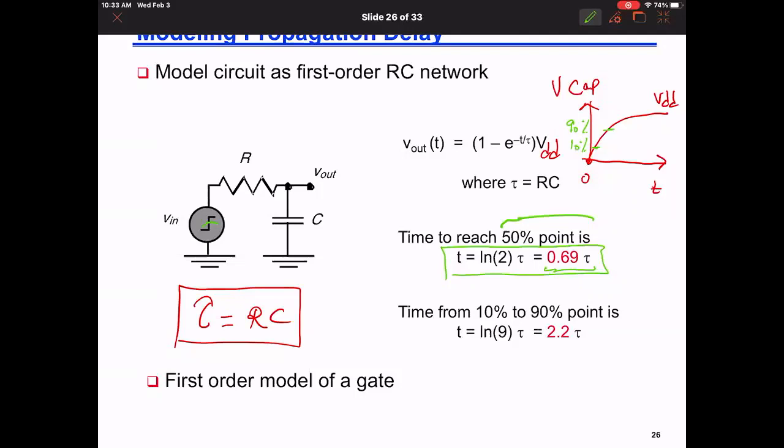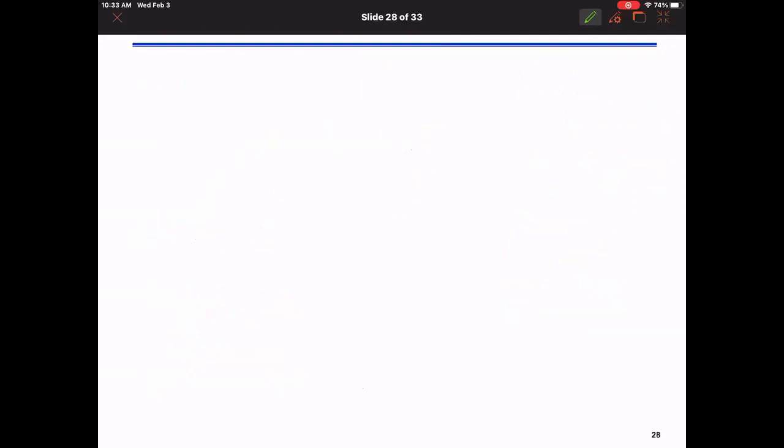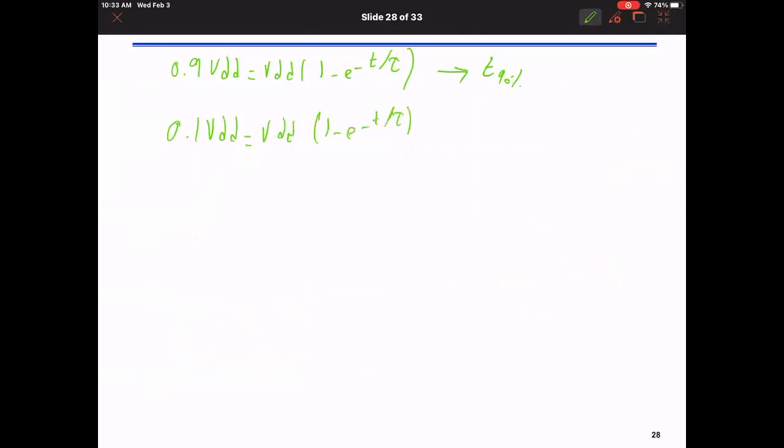I need to solve for V out equal 90% VDD: 0.9 VDD equal to VDD into 1 minus e to the minus t over tau, and this gives me time t 90%. And I need to solve for 0.1 VDD equal to VDD into 1 minus e to the minus t over tau, and this will give me t 10%. Then the t rise is equal to t 90% minus t 10%.